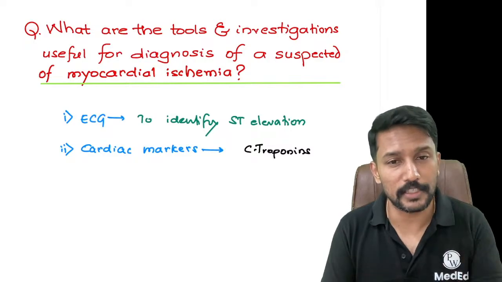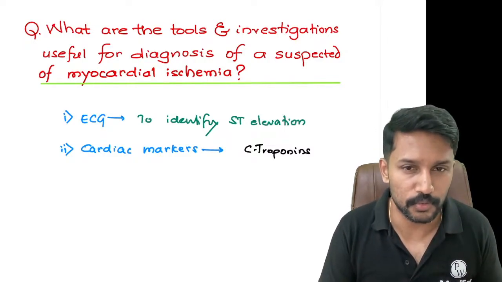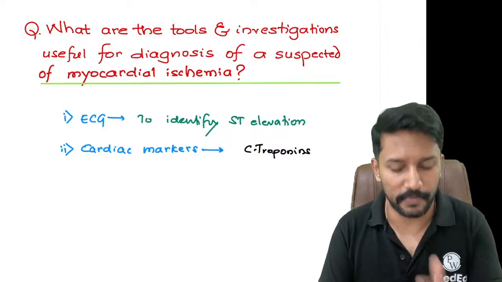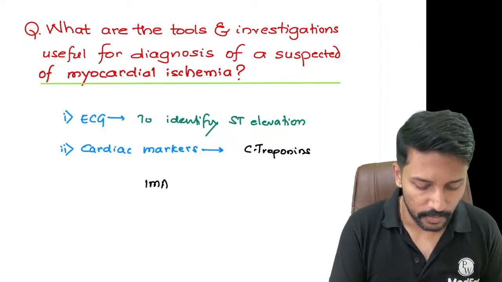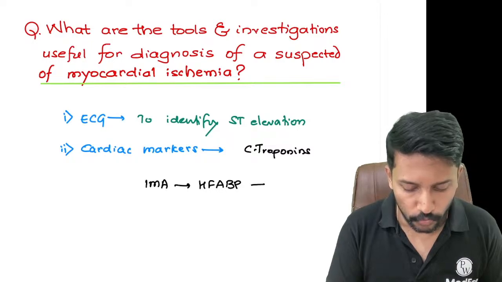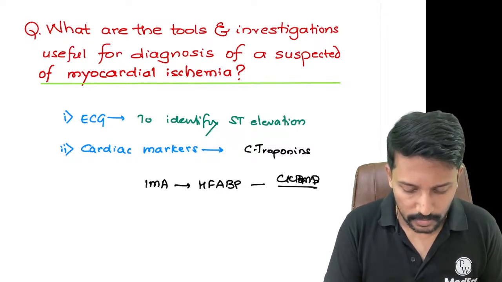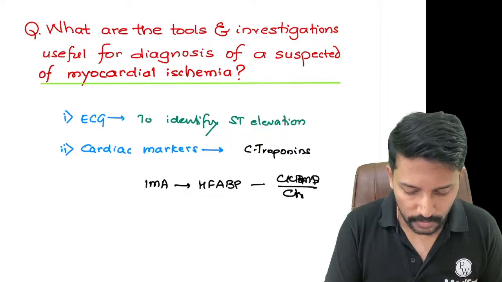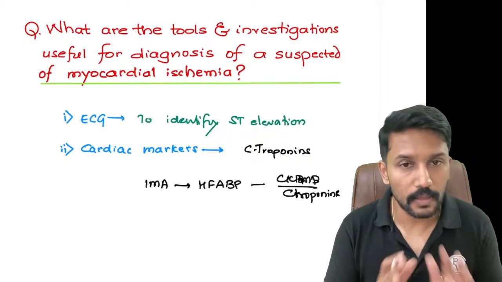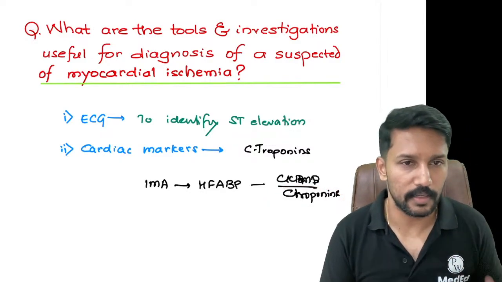If they specifically ask in an MCQ what the earliest marker to rise after myocardial injury is, then it is ischemia modified albumin, called IMA, followed by heart type fatty acid binding protein, followed by CKMB and cardiac troponins almost simultaneously. But in terms of practice, it is the troponins that we routinely do.